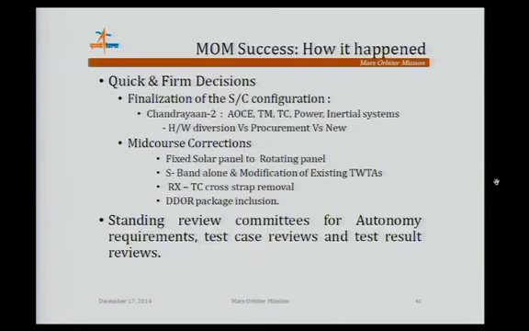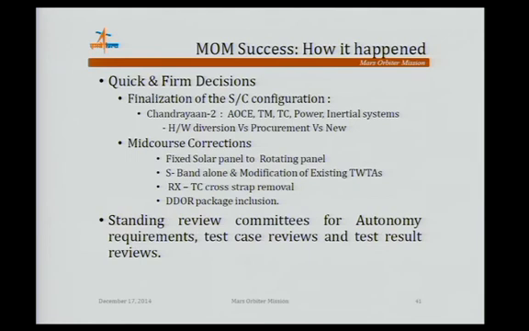Now I come to the MOM success story, how it happened. We attribute the success to quick and firm decisions. That means, to achieve a predefined target, spacecraft configuration finalization. All the elements which were supposed to be used for Chandrayaan-2 have been diverted here.